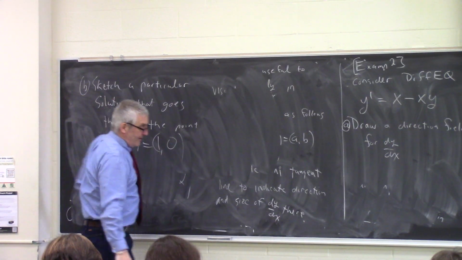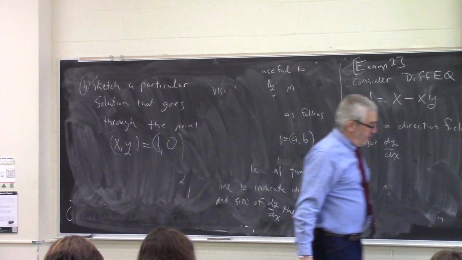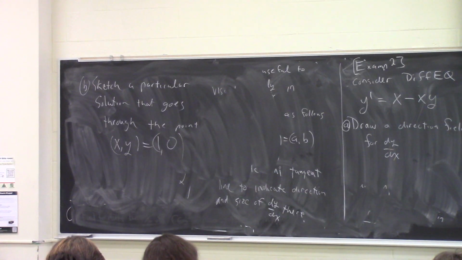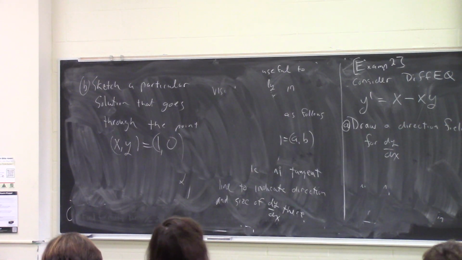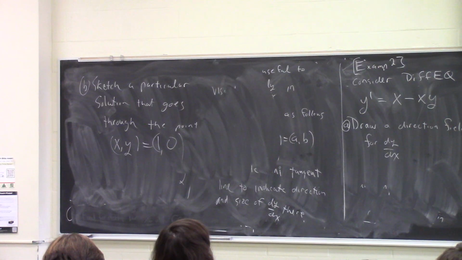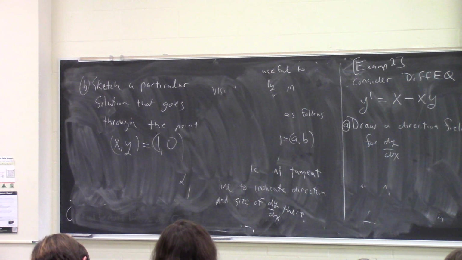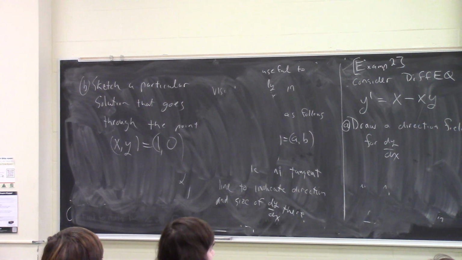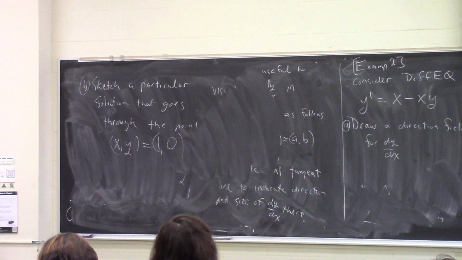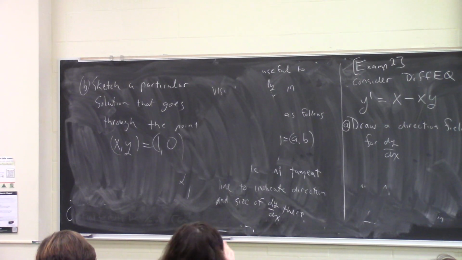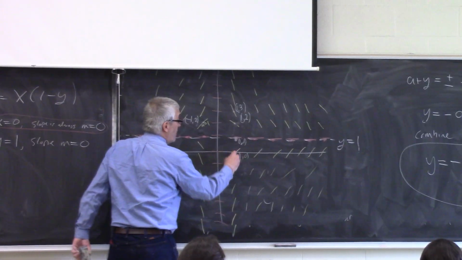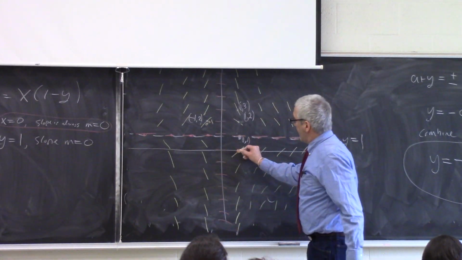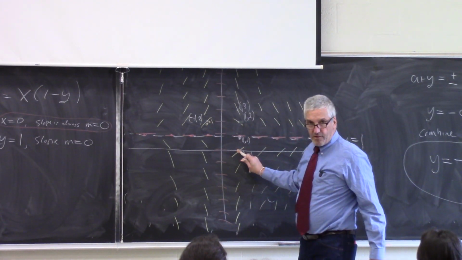So the idea is that, at every place in the plane, this is what the tangent line would be if the graph were going through that point. But of course, a particular graph won't go through all these points at once. But if I say that the tangent line has to go through 1, 0, I'll get out my pumpkin spice chalk and we'll have a graph that's got to go through this point. Well, so that means it's got to have this as its tangent line.